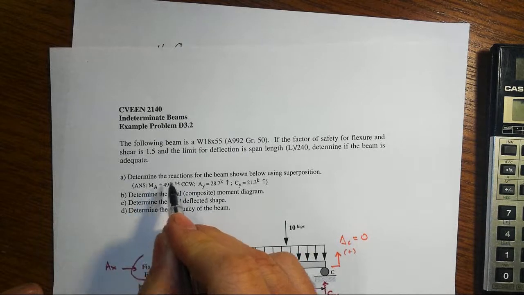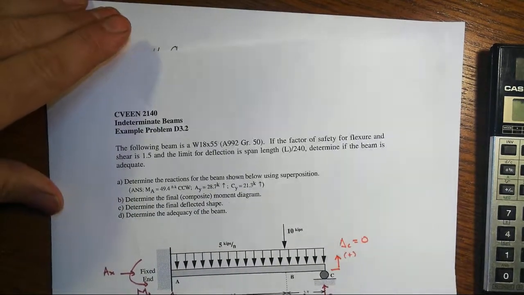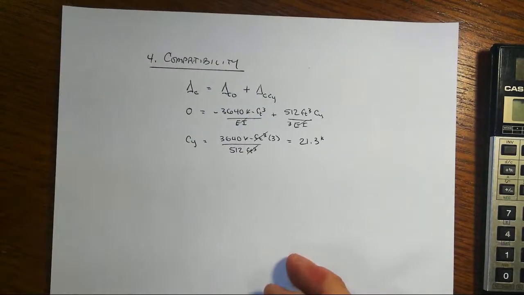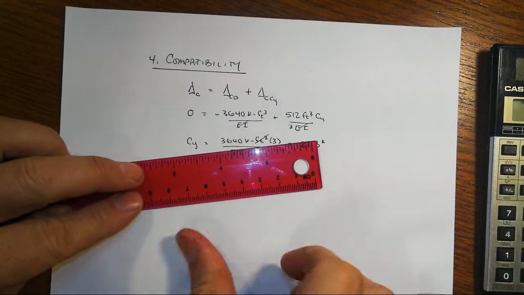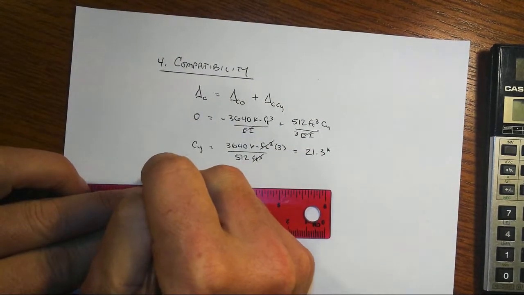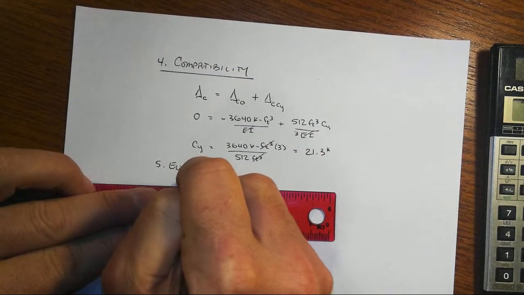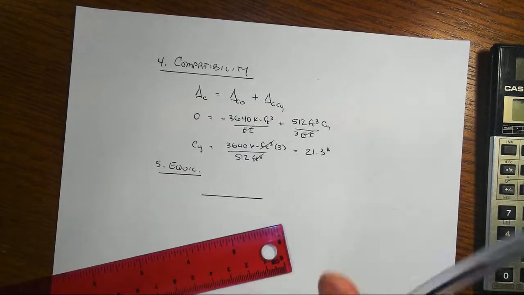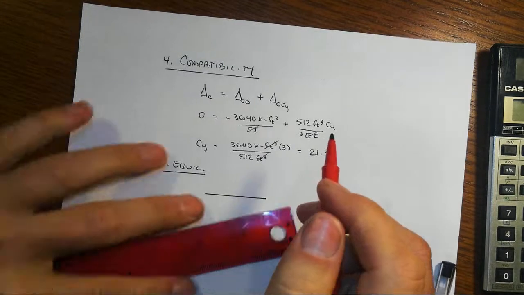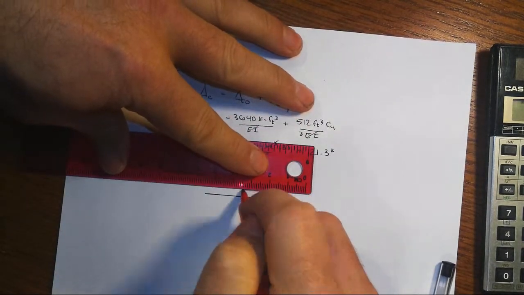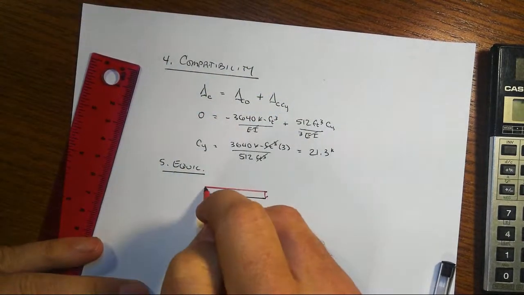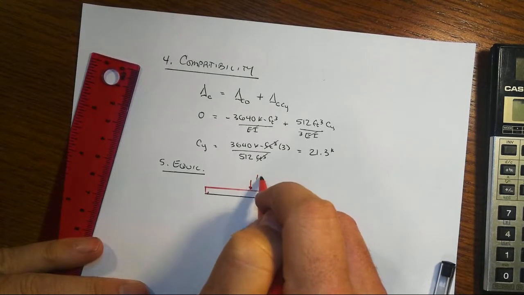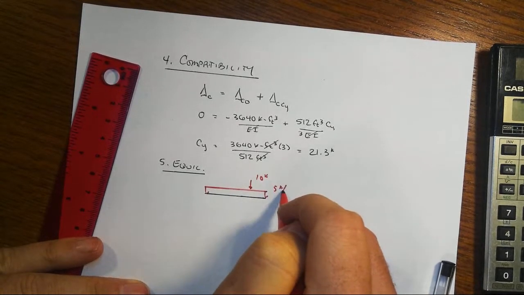How do you find the rest of these then? Well, you find them through, of course, equilibrium. That just comes from going back to our model of the original beam. There's your 10 kips, your 5 kips per foot.